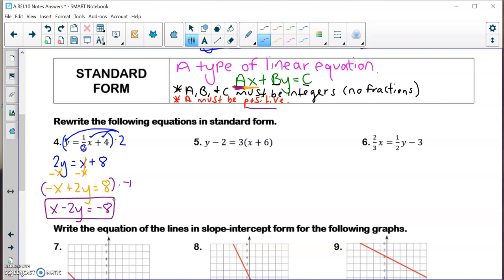So number 5, I don't have any fractions, so I don't have to worry about multiplying everything by something. I'm going to start with distributing. And my goal is to isolate my constant. So first I need to get my constant over to one side.